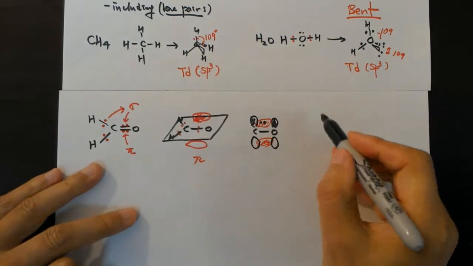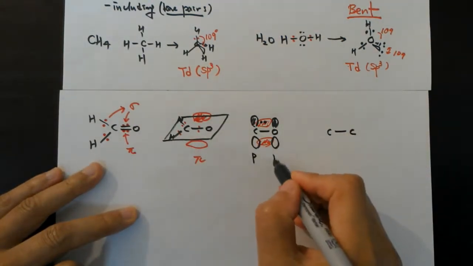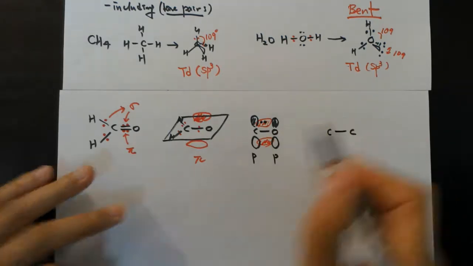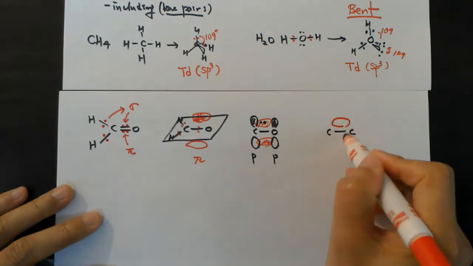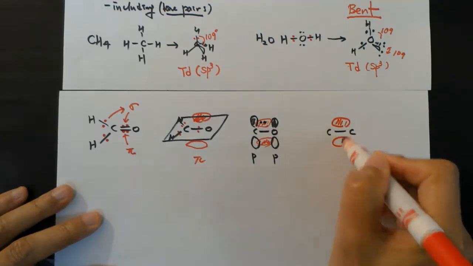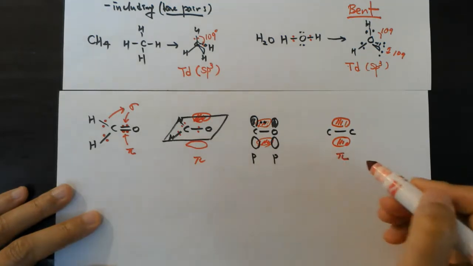So this is actually 2 p orbitals, but the red area, the shared area, has more electron density now, and that's called a pi bond.